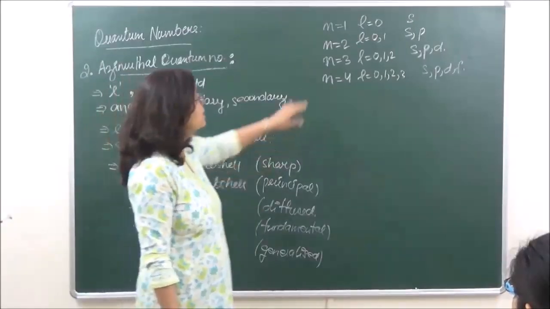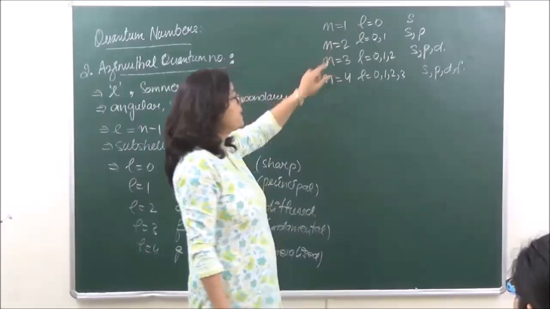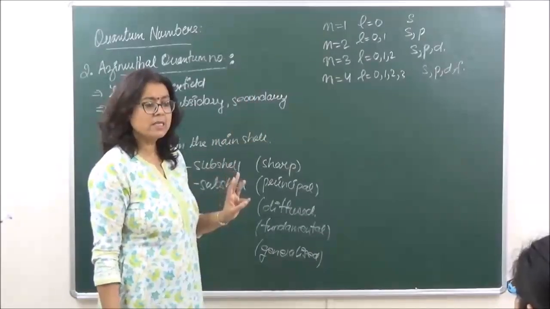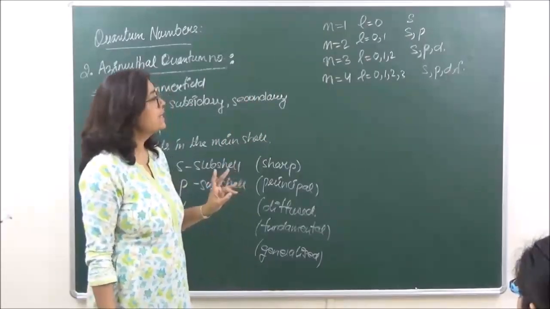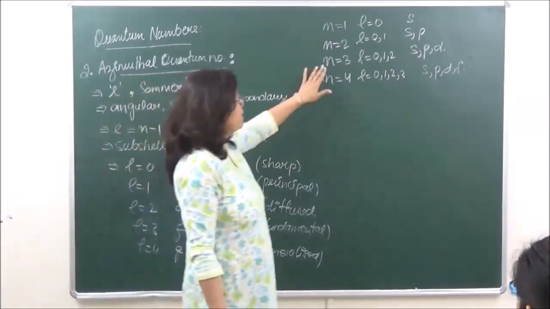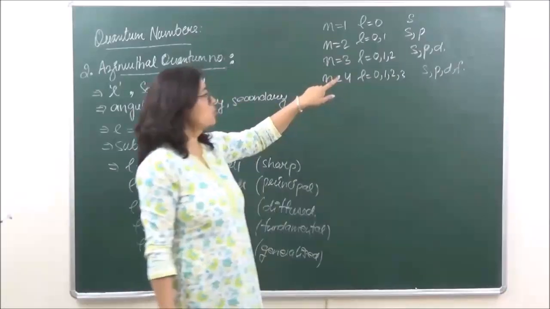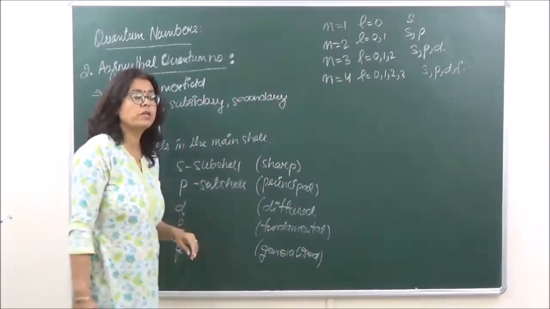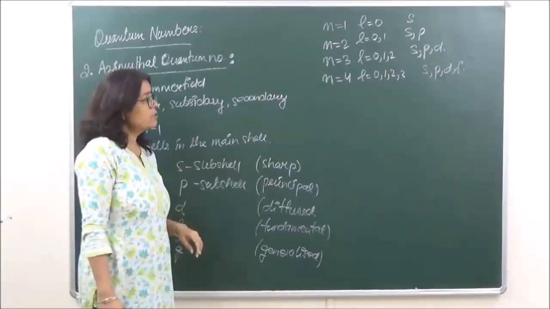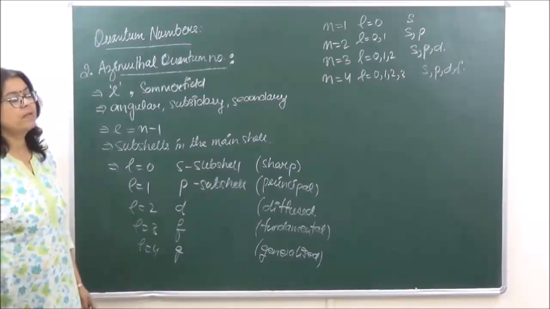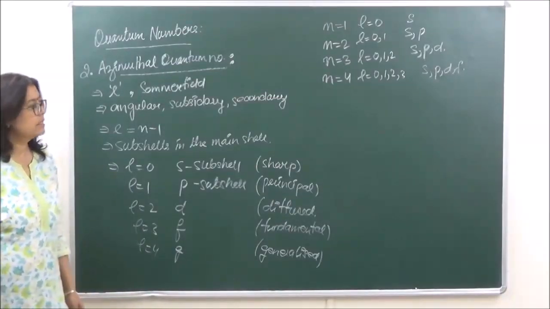In a similar manner, when we go to 2, then in case of 2, P can exist, but D cannot exist, 2D will not exist, and 2F will also not exist. Right? When we go to n is equal to 3, so 3S, 3P and 3D exist, but 3F will not exist. For n is equal to 4, all the 4S, P, D, F, all of them are going to exist. Okay?